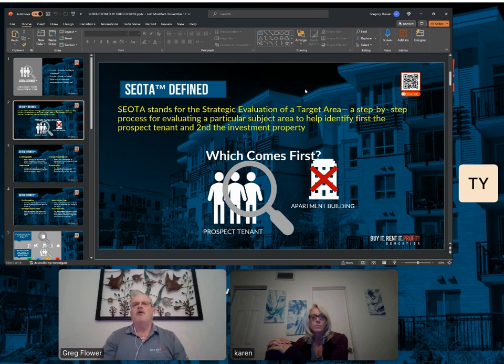Like I said before, if you're looking in a spot that has a bunch of 5-bedroom, 3-bath homes, and you're looking at a building that has studios, it might not be a good fit. So you might need to look for apartments that have 2 bedrooms and 3 bedrooms to fit the community that you're looking in. So you want to look for your prospect tenant first, the demographic.